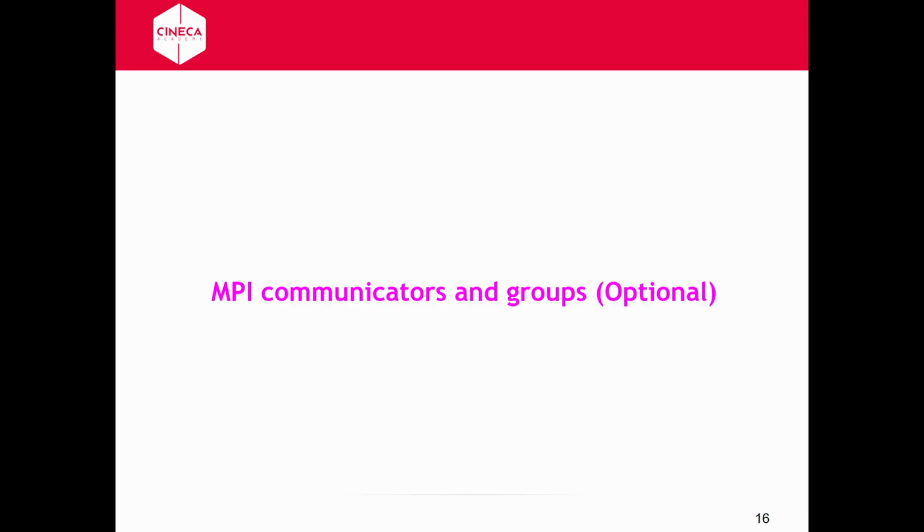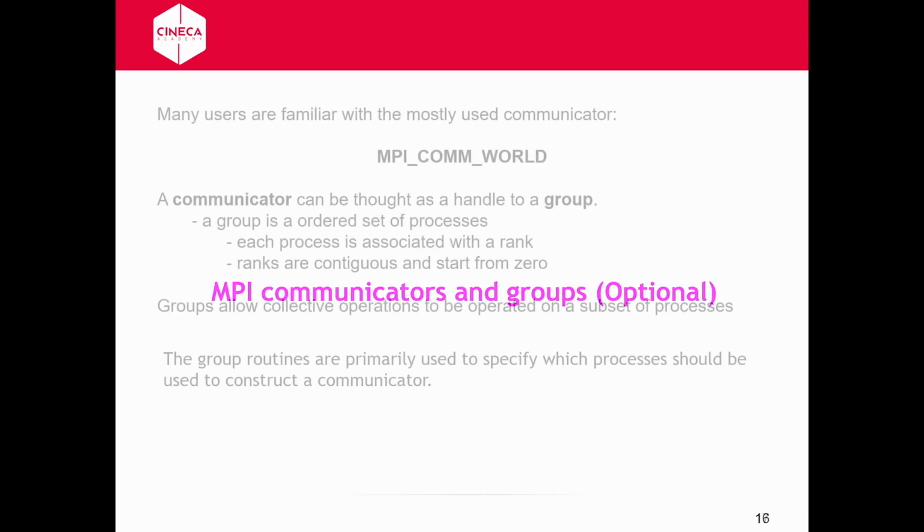As I told you this morning, usually almost all the code you can see will use only MPI_COMM_WORLD. It is possible in any case to use other communicators, and you can create the communicator you want simply by typing some MPI commands.